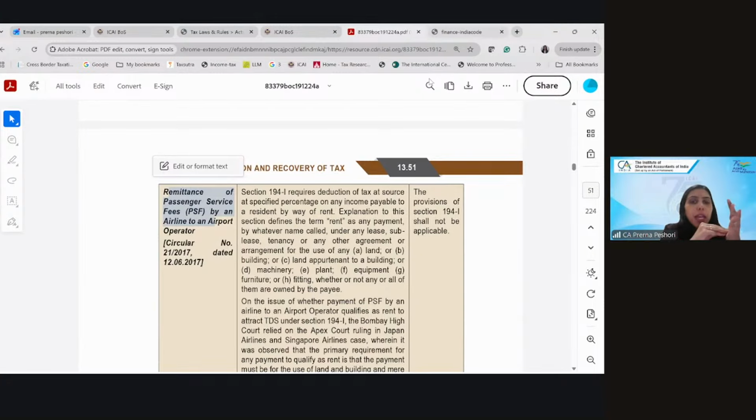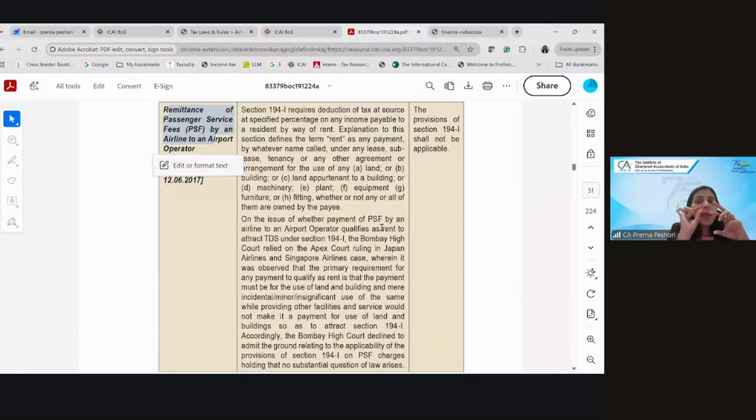So the Bombay High Court, in the case of Japan Airlines and Singapore Airlines, has observed that the payment is rent when it is for the usage of land or building, and if there is only incidental use of the land or building, then it is not rent.